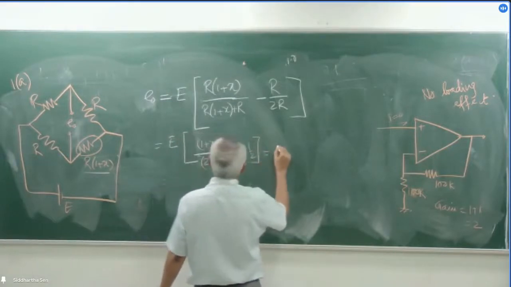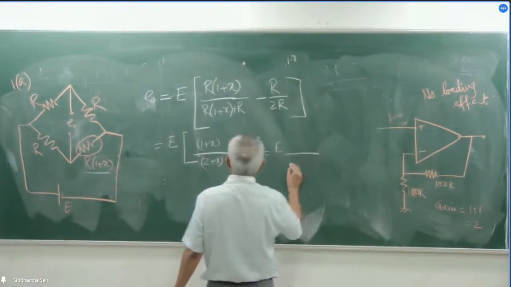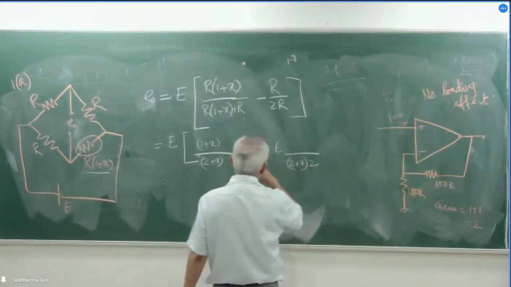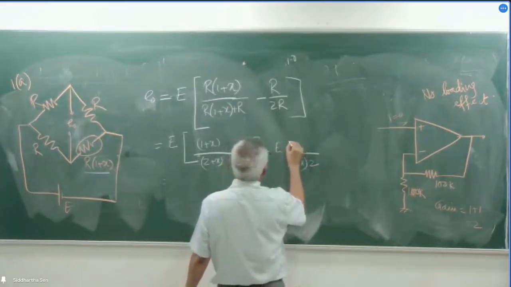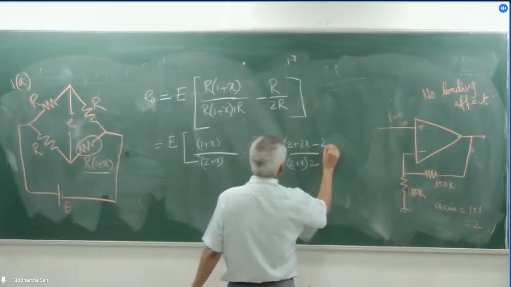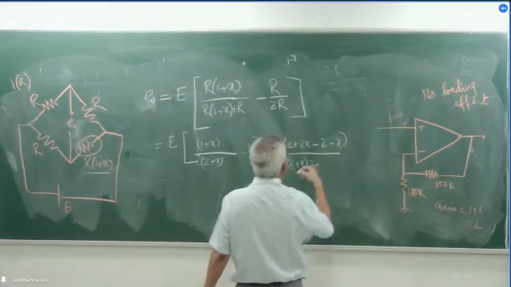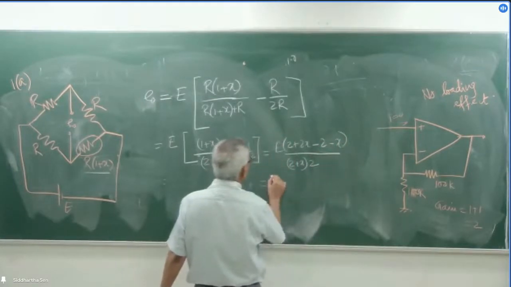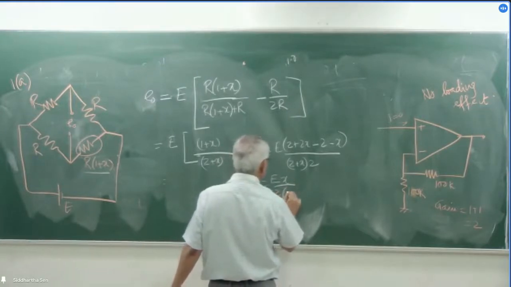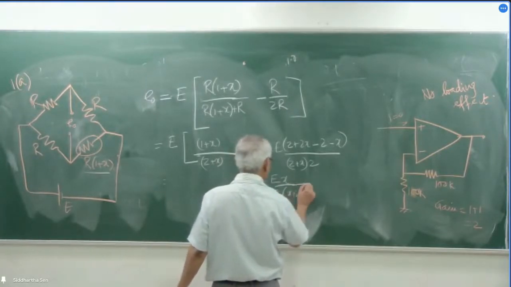So it is equal to E into 2 plus x into 2, and here it is 2 plus 2x minus 2 minus x, like this. So it comes to be E into x divided by 2 into x plus 2.